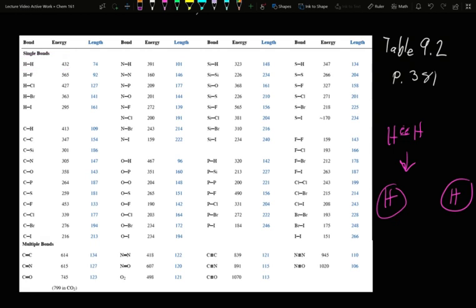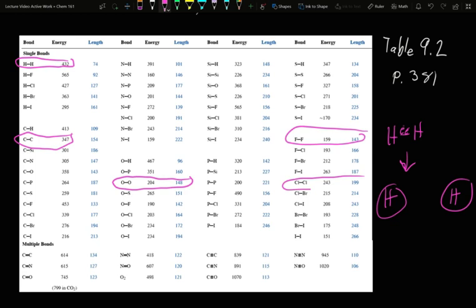Different elements have different associated energies. And so if we look at just elemental material, we have our dihydrogen, we have two carbons bonded, we have two oxygens bonded, we have our fluorines, chlorines, bromines, iodines. There are all these single bonds between two identical atoms.